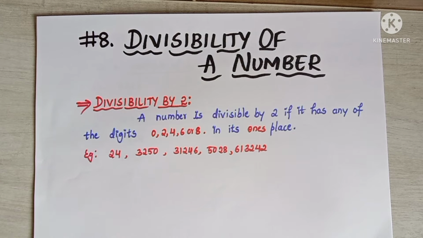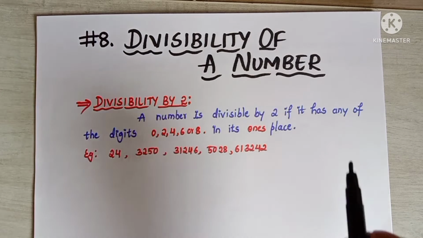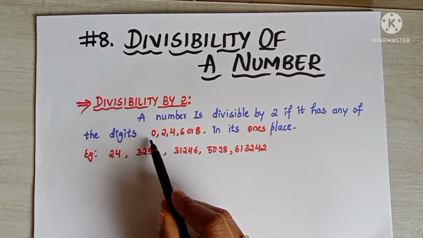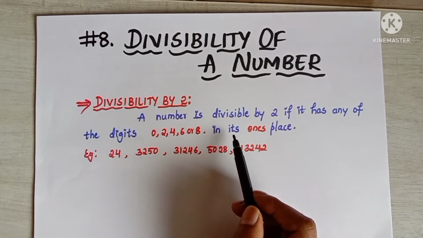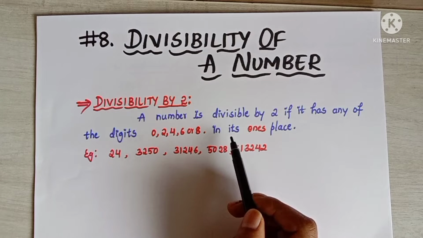So let us see divisibility by 2. A number is divisible by 2 if it has any of the digits 0, 2, 4, 6 or 8 in the ones place. What does it mean? If you take any number and in its ones place you have 0, 2, 4, 6 or 8, then you can surely tell that it is divisible by the number 2.